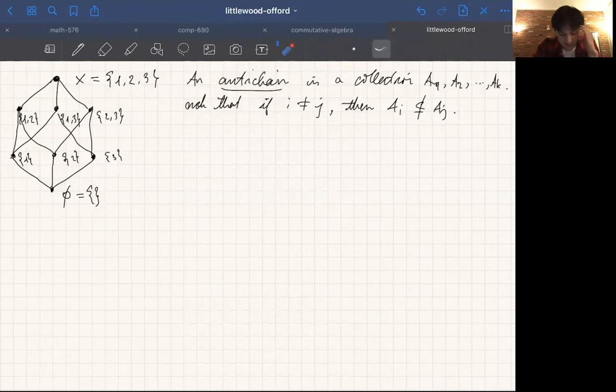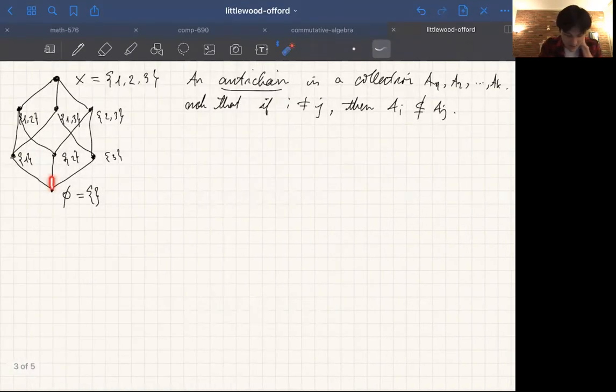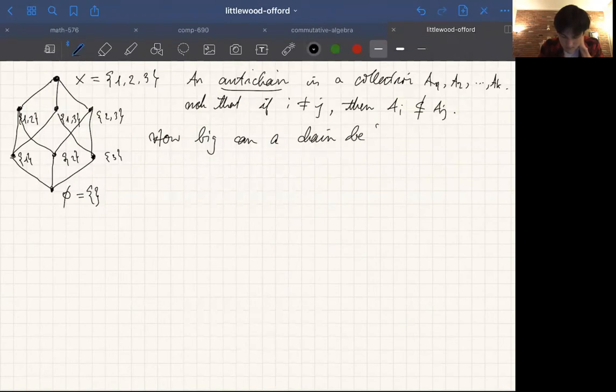So a question would be how big can a chain be, right? So we had this idea of maximal chains. So you can keep gobbling guys up until you're maximal, and then how big is this chain? Well, that's actually a really easy question, right? It just turns out to be the size of x plus 1.